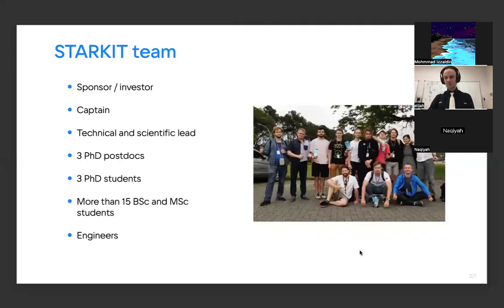So this is part of the team. It's like two thirds or something. We have a bunch of engineers and constructors, so people who work with milling, drilling, physical assembly, and so on.